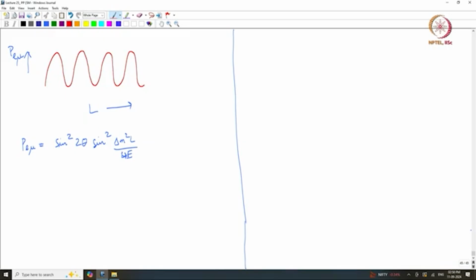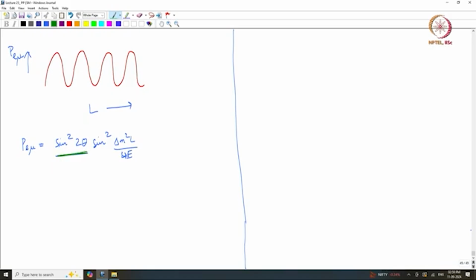Now, what is the amplitude of this sinusoid? Is it 1 because it's a probability? No, not really. The two probabilities P_eμ plus P_ee add up to 1, but this probability alone does not have an amplitude 1. In fact, the amplitude is this, right? Sine square 2 theta, correct?